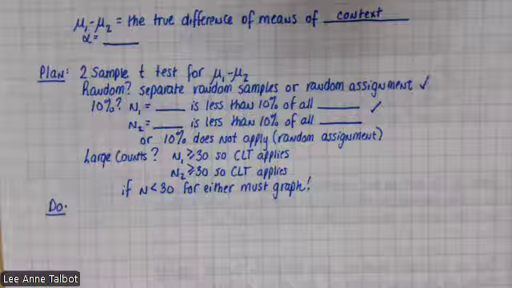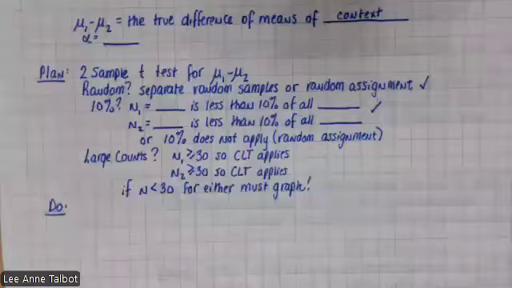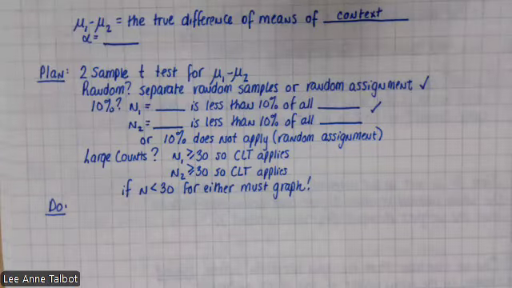If both sample sizes are greater than or equal to 30, you're golden. Your CLT applies, check, move on with life. Or one of them is less than 30, where you have to do one box plot or dot plot, or both of them are less than 30 and you have to do two box plots or dot plots. Does that make sense? That's all I wanted to say about that.